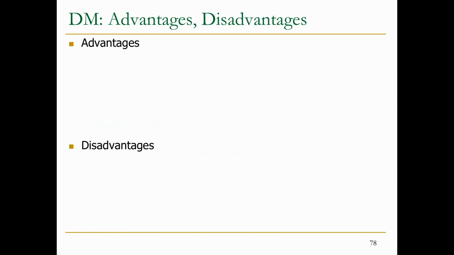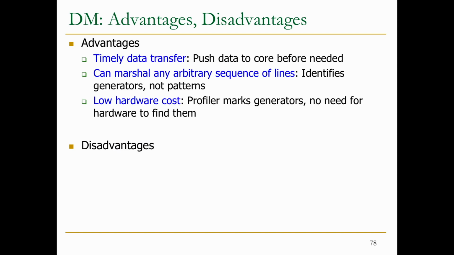So let's talk about the advantages and disadvantages before we talk about the results a bit. It turns out this actually leads to a very timely data transfer. You can push the data to the core before it's needed. You can say, okay, why don't we actually have a prefetcher in the core that will need the data? Now it turns out that doesn't work very well. This paper actually builds on some prefetching mechanisms, because prefetchers work by identifying patterns, as you know.